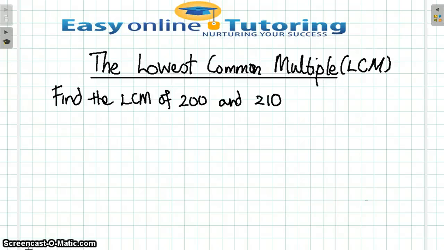Just to give you a clue, the LCM is going to be quite a big number because the numbers we're working with are quite large, 200 and 210. So give it a go, and then press play and I'll reveal the answer to you.